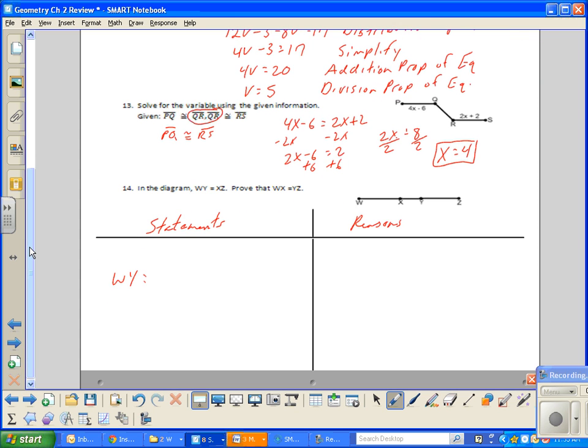And then number 14, got a proof there. Given that WY equals XZ, prove that WX equals YZ. So start with the given, WY equals XZ.